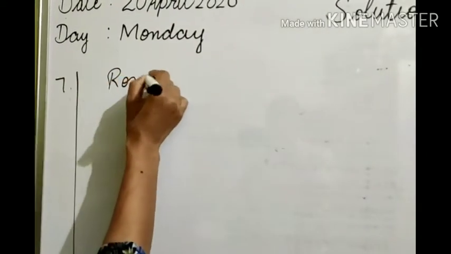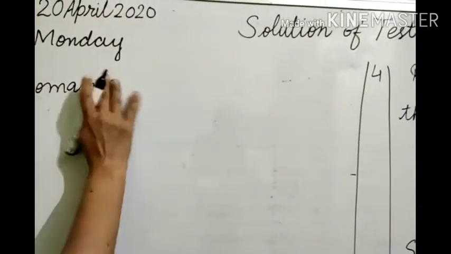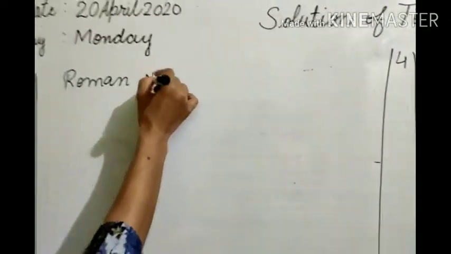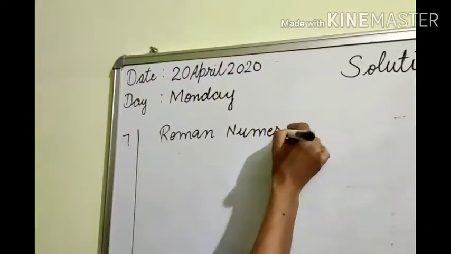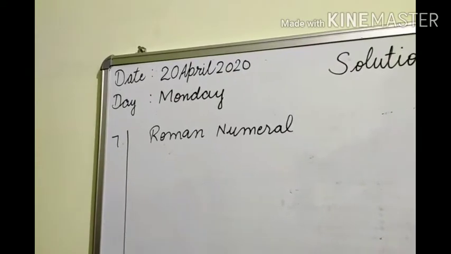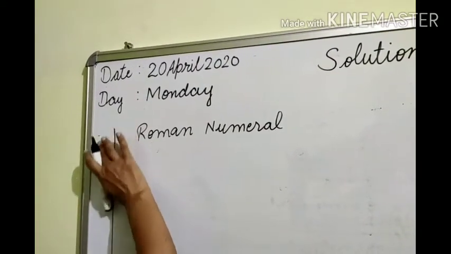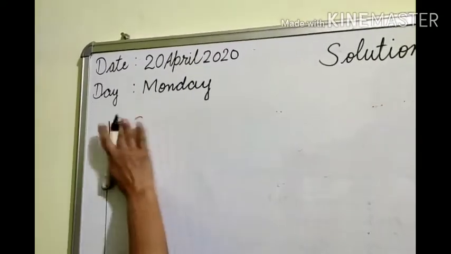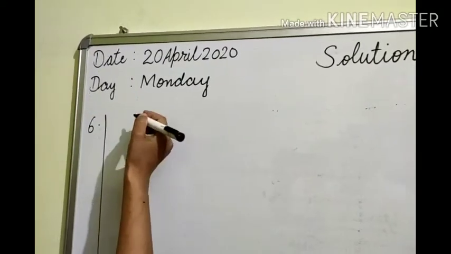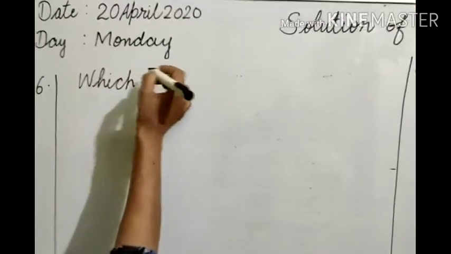Roman numeral... this is question number 7. First we will do question number 6, which I have left. We will do question number 6 first.